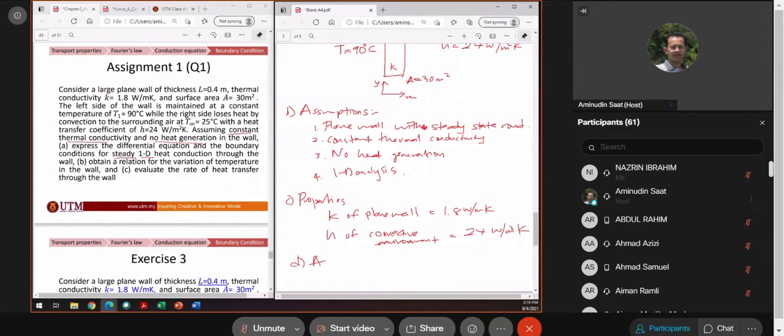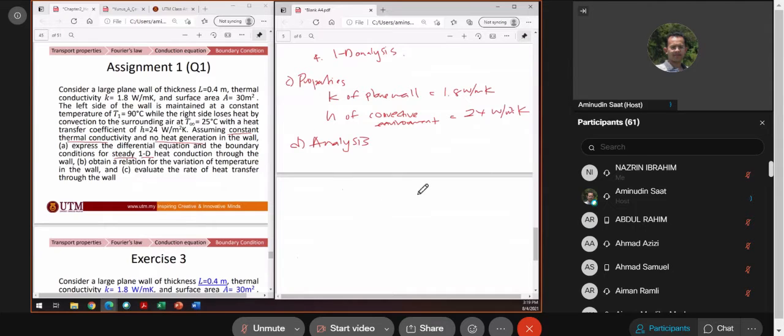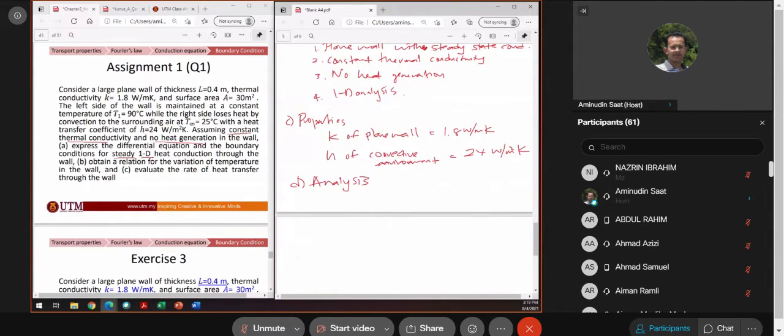Next one is the analysis. Based on the assumptions, first we simplify the general heat conduction equation with simplification based on the assumptions.